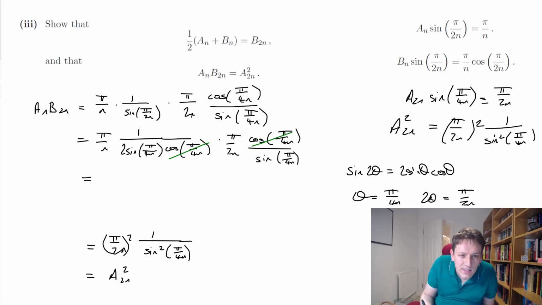And in fact, if I gather all of these terms together, I've got pi over n, and I've got a 2 and a 2, so that gives me my pi over 2n squared. Oh, and I've got sine pi over 4n times sine pi over 4n. So actually I've got my sine pi over 4n squared here, so I don't really need any other line here. Let's just say they're equal.